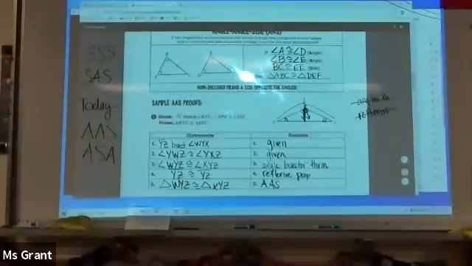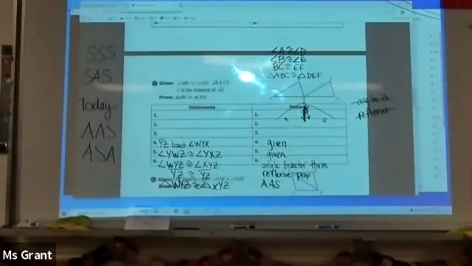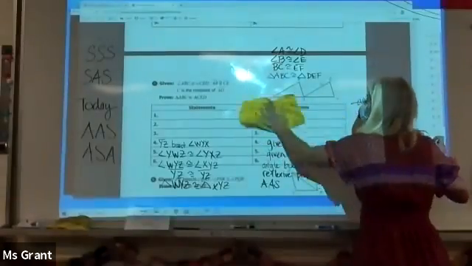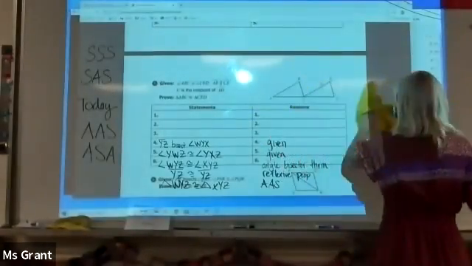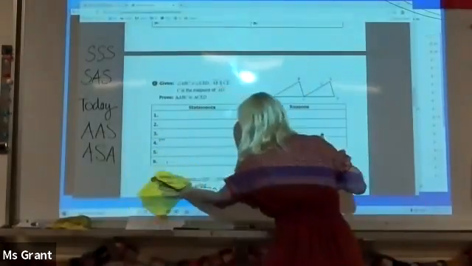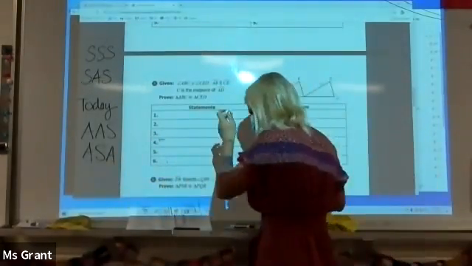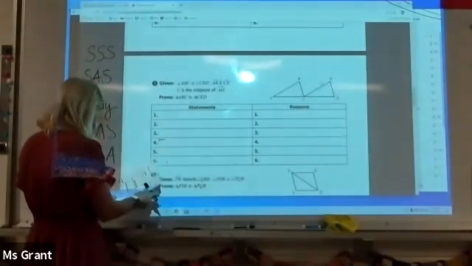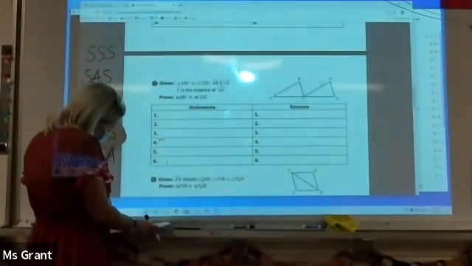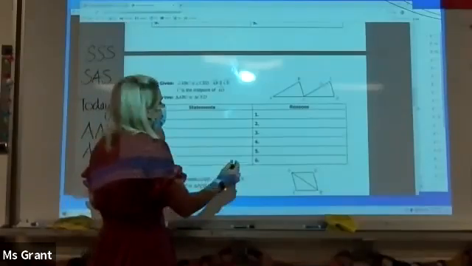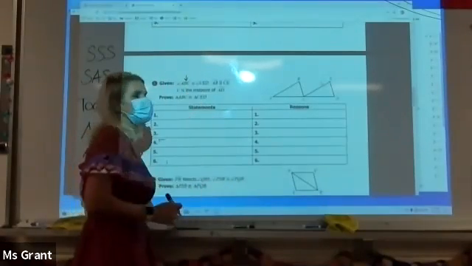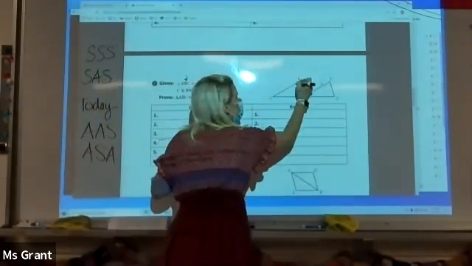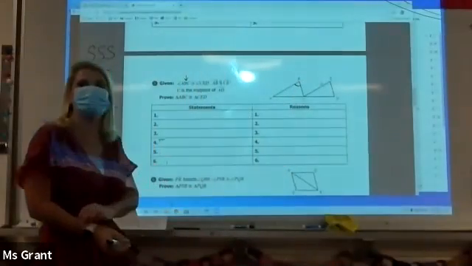I'm scrolling down. Okay, last one. Angle ABC is congruent to angle CED. ABC, that's in the middle. The vertex is B. B is the angle that I draw my curve on because it's in the middle.